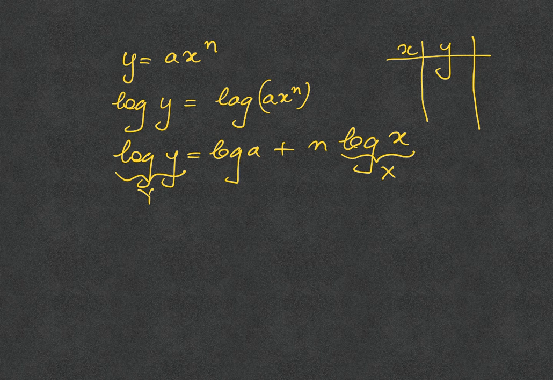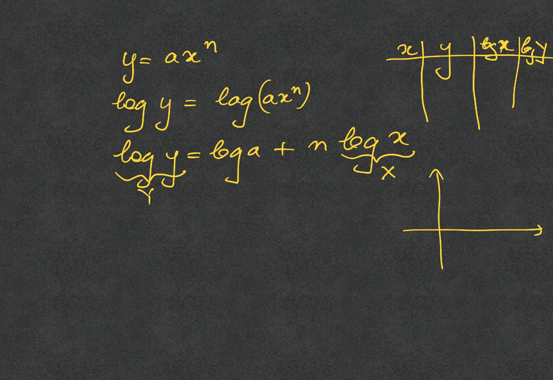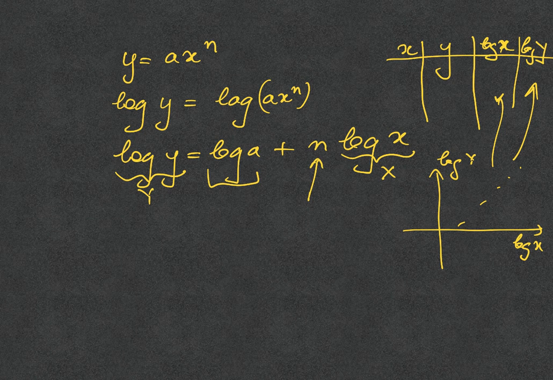Therefore, you need to calculate log x and log y, and that's what you graph: log x on the x-axis and log y on the y-axis. From the data, you can find the y-intercept, and n will be the gradient. Once you find a and n, you can go back and find the model.